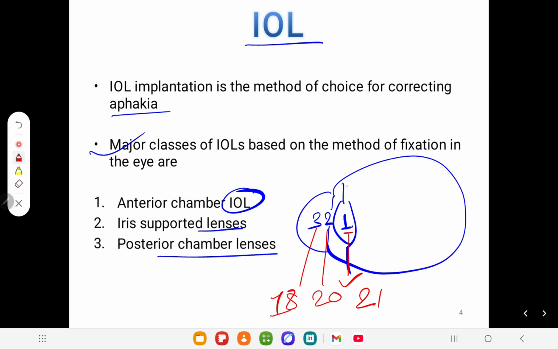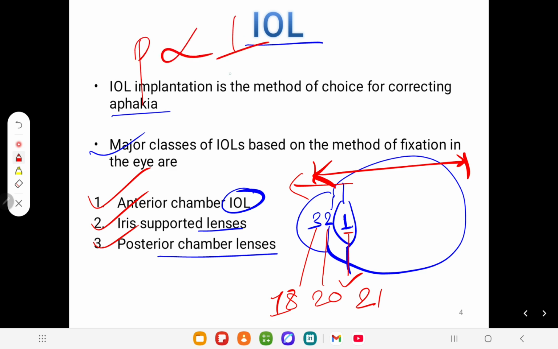Why, if you move from posterior to anterior, does the IOL power decrease? Because whenever you move from posterior to anterior, the distance between the IOL and the retina increases. If the distance between the IOL and the retina increases, eventually the power decreases, because power is inversely proportional to focal length.